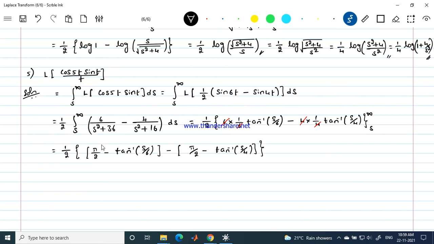If you want, you can just cancel pi by 2 with this pi by 2 to write the answer as tan inverse of s by 4 minus tan inverse of s by 6. Or you can express these two expressions in terms of cot inverse, and you can write your answer as 1 by 2 times cot inverse of s by 6 minus cot inverse of s by 4.